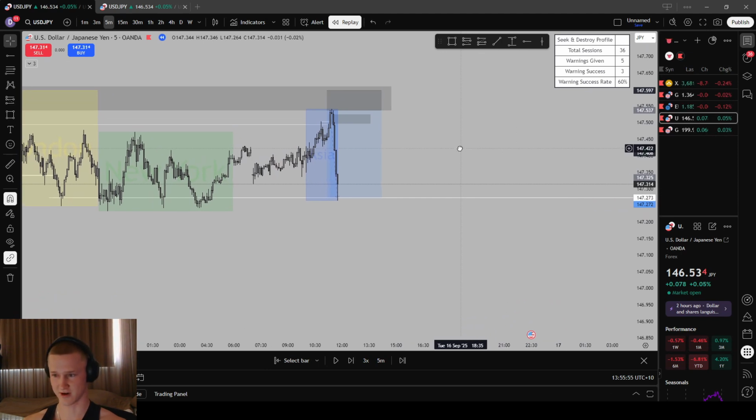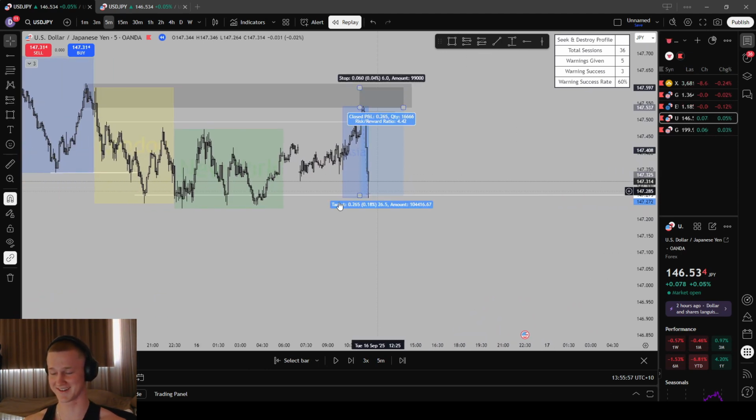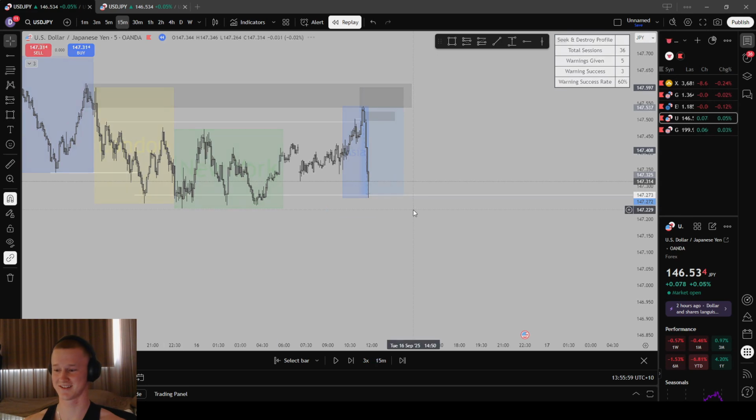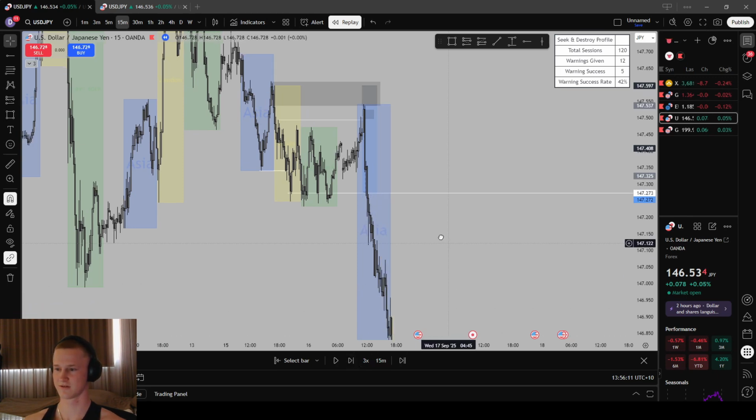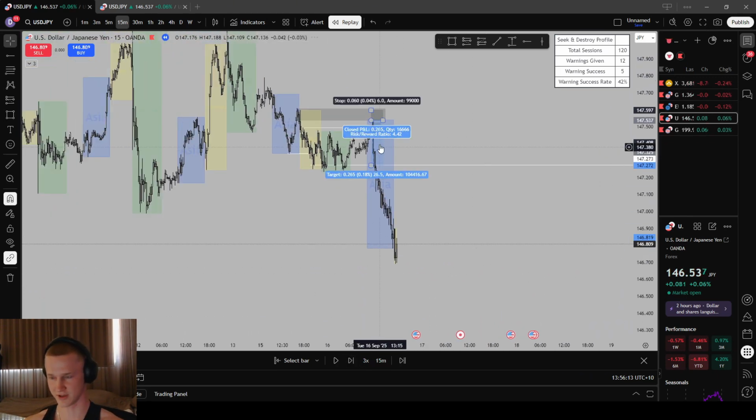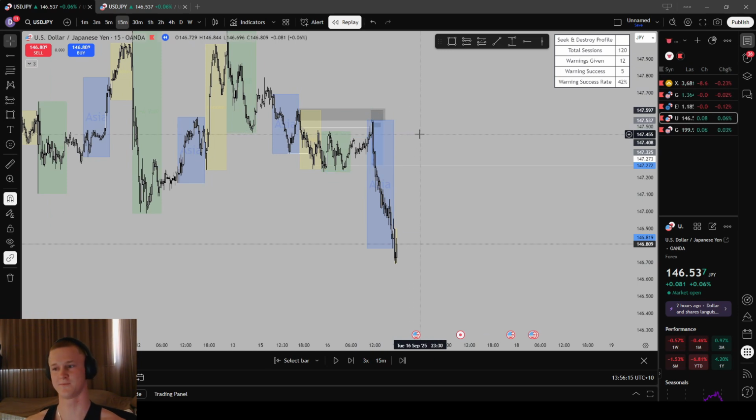But I should have left a runner, because as you can see here, price just, let's hop into the 15. Down, down, down, down. I think London starts to give retracement. Like it just kept going. We literally caught the top move of the whole day.